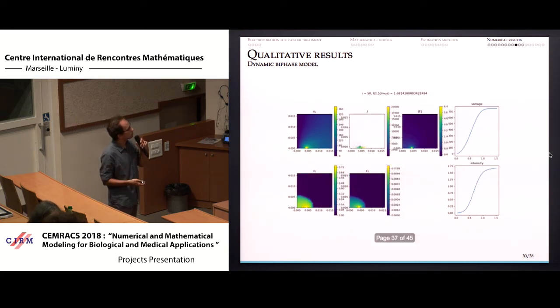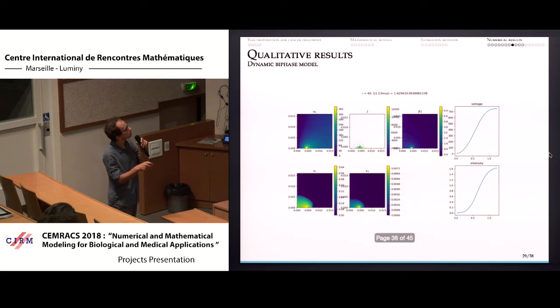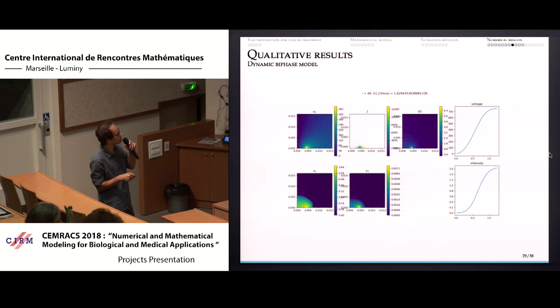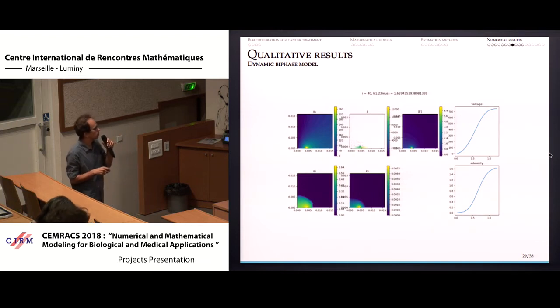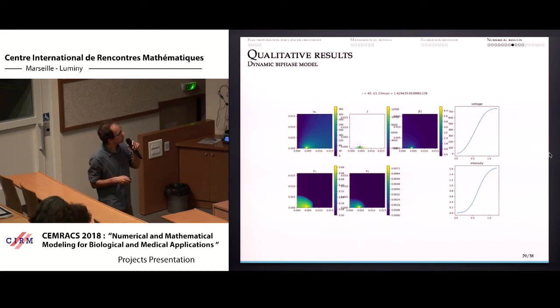This is at 1 microsecond. Here you have the voltage and here the measured intensity. So we are still in the front. You see that this is 0.6, and this is the electroporated region. So it's already not saturated, but half of what it can be.